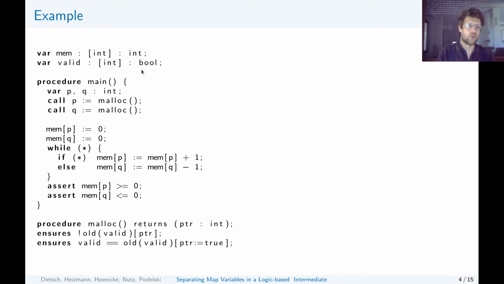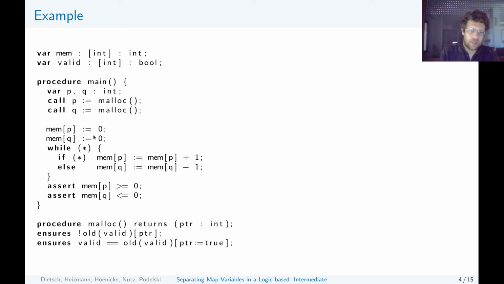So valid will be set to true on all indices where mem is considered allocated, and we're only allowed to use allocated space as usual. So in our program we would allocate two pointers p and q, and then we would set mem at both of those pointers to 0, and then non-deterministically increase at p and decrease at q.